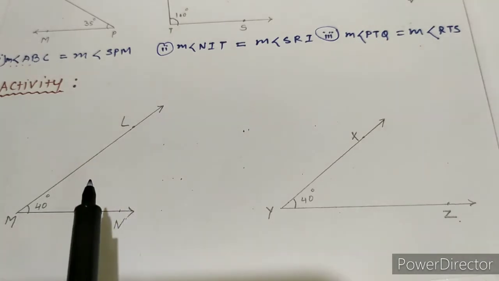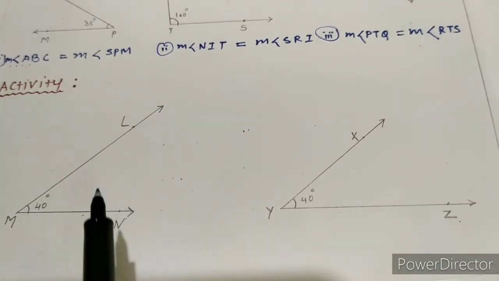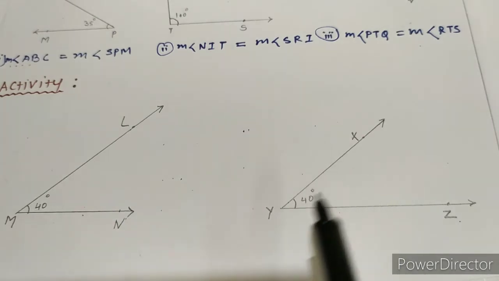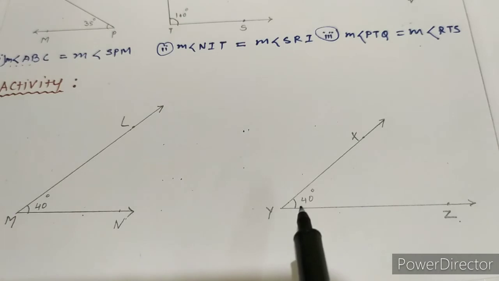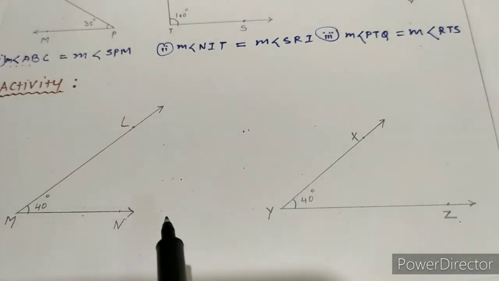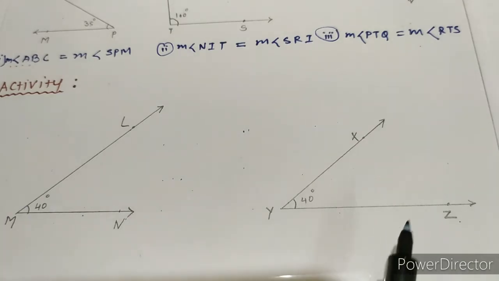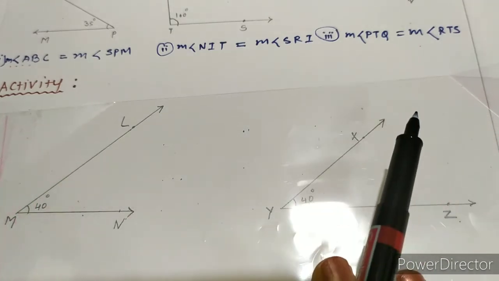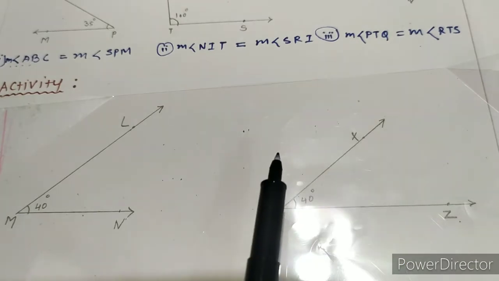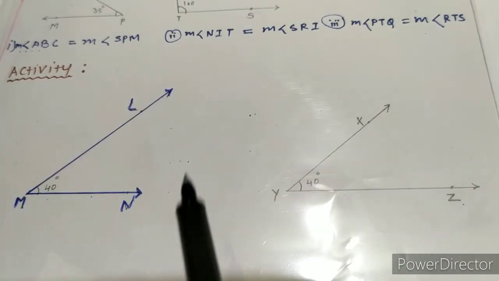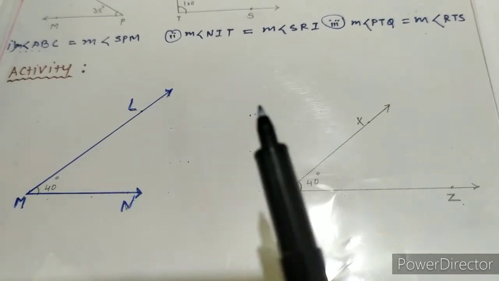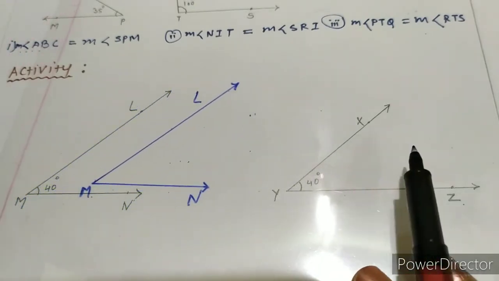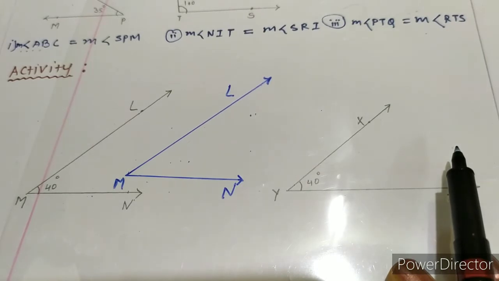Next activity is to draw two angles, angle LMN and angle XYZ, of 40 degrees each. You can see here I have already drawn them. Now trace the arms of LMN using the transparent sheet. So I am using this and will trace the arms. Now place this angle on XYZ.